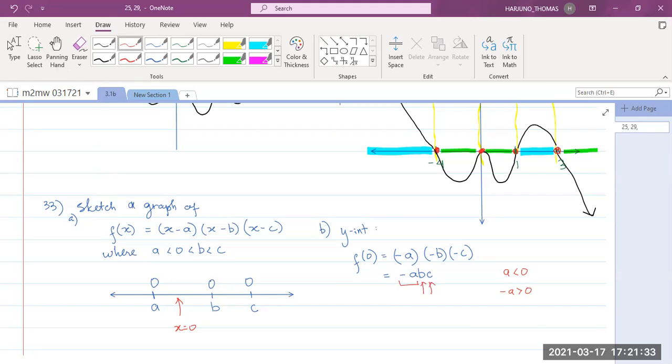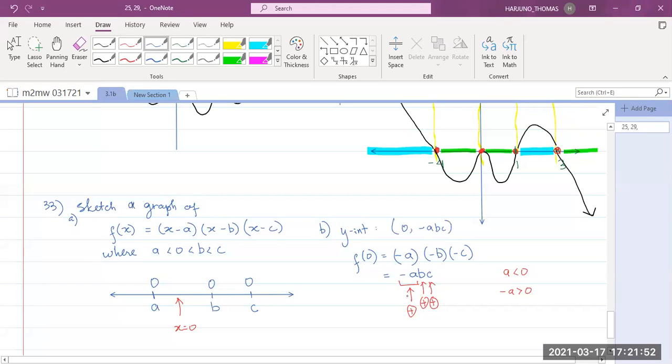Negative a is positive, times positive, then it will be positive. So the y-intercept is (0, negative abc), but we need that positive part for this here.